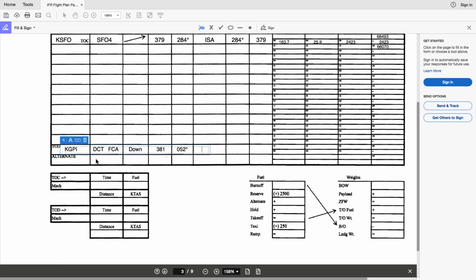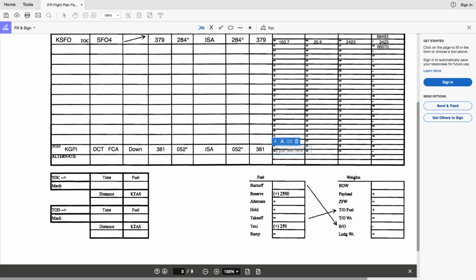Okay, we're using the ISA chart. 052 because we're not correcting for winds. And our true airspeed of 381 knots.